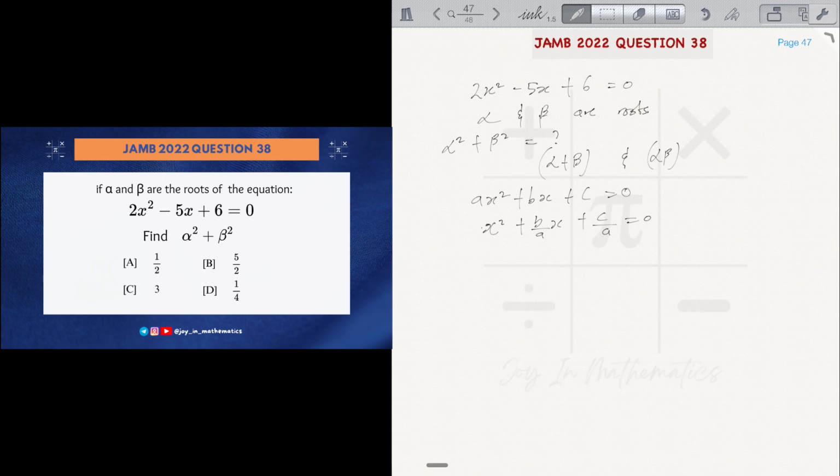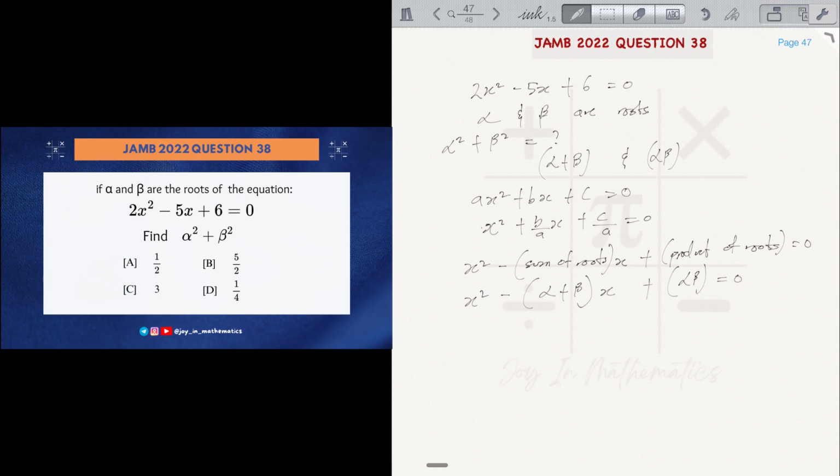Now, the formula for a quadratic equation is x squared minus the sum of roots times x plus the product of roots is equal to 0. So the sum of roots, let's assume the roots are alpha and beta, will be alpha plus beta x, and the product will be alpha beta is equal to 0.